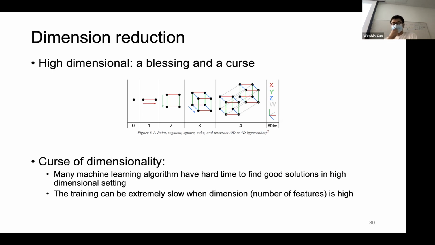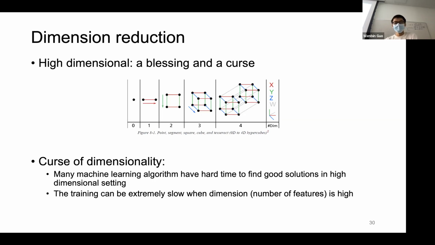High dimensional data will sometimes be a blessing, because when you have high dimension, probably there is one or some feature that is very useful. But sometimes it's a curse, because we usually run into trouble with the model or with the sample.